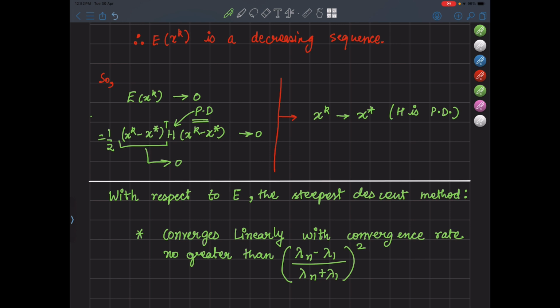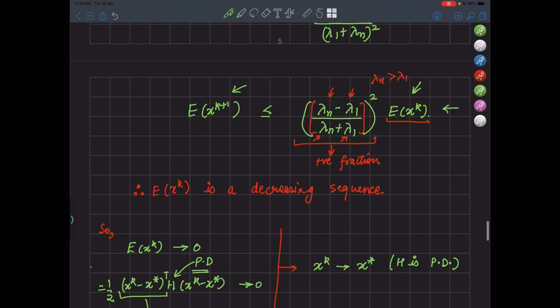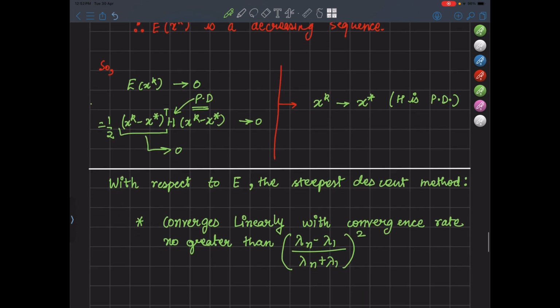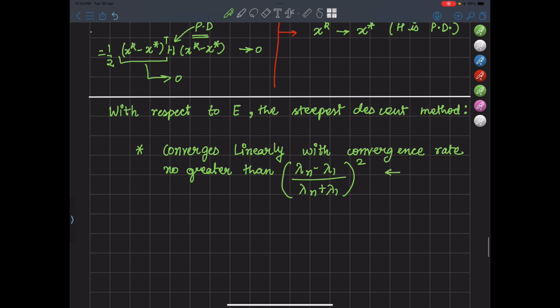So yeah, this we can see from this relation. This will help us determine the convergence rate of the algorithm. So it converges linearly with convergence rate no greater than lambda n minus lambda 1 upon lambda n plus lambda 1.